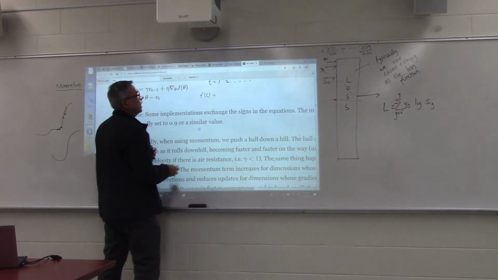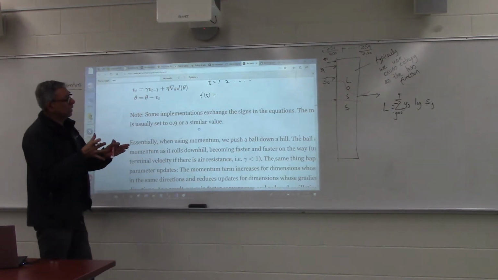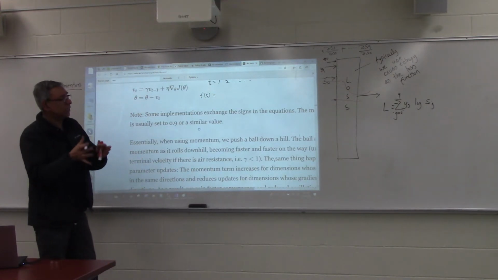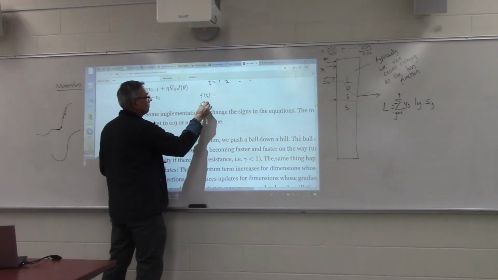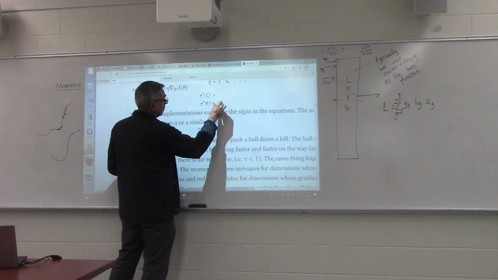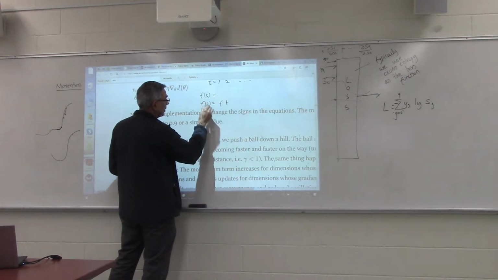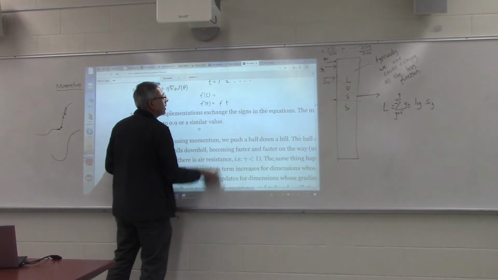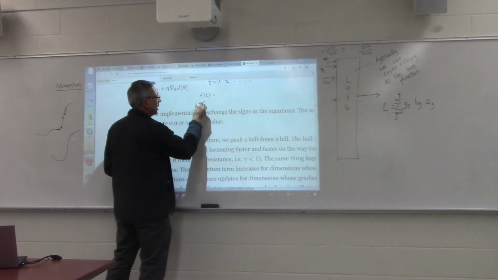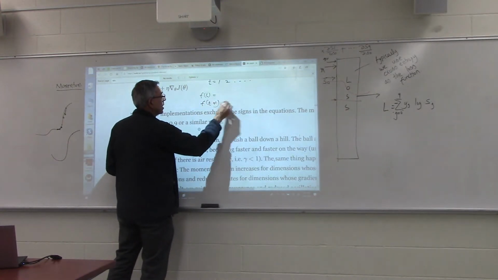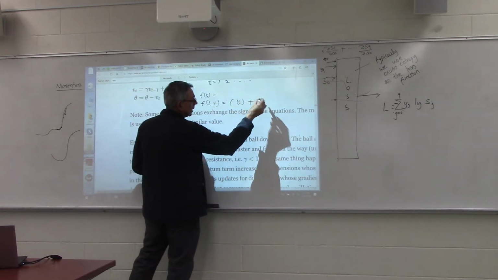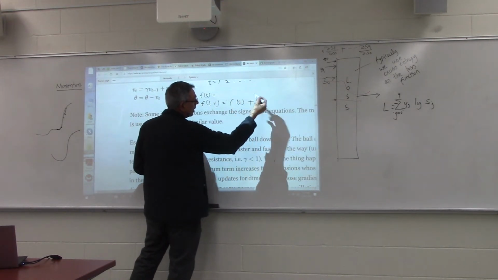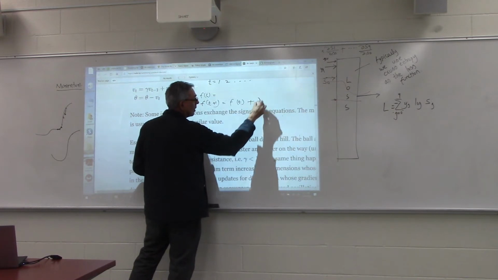If we wanted to take into account the past history to some extent, we typically do something like this: f of t plus 1 equal to f of t plus, let's say, some gamma, lambda, whatever.